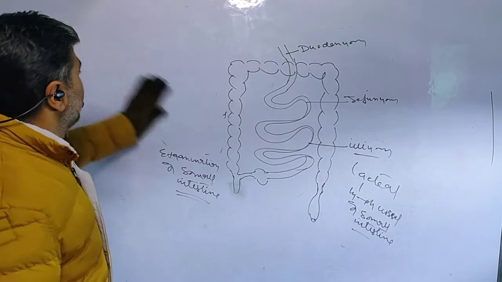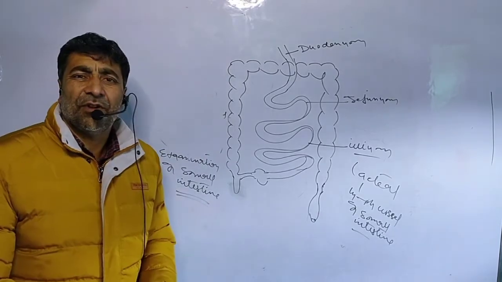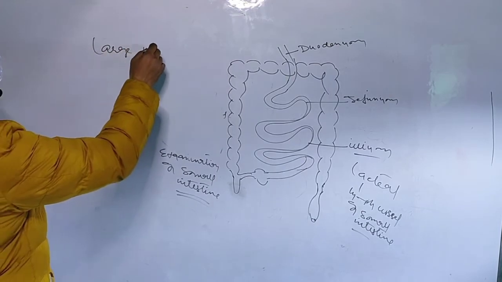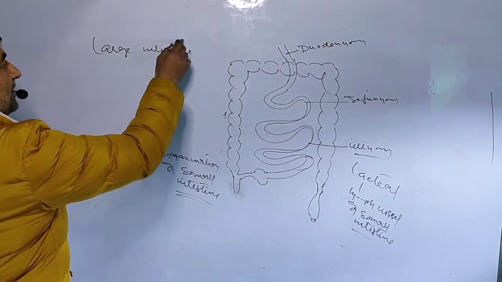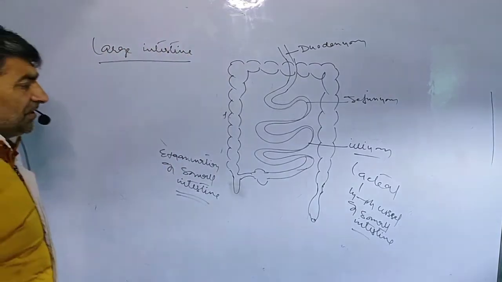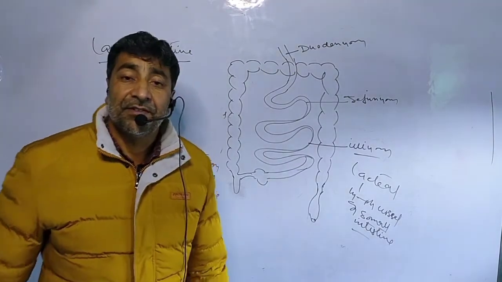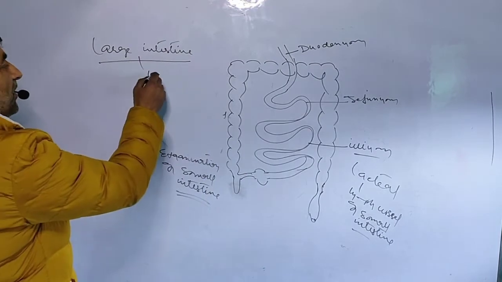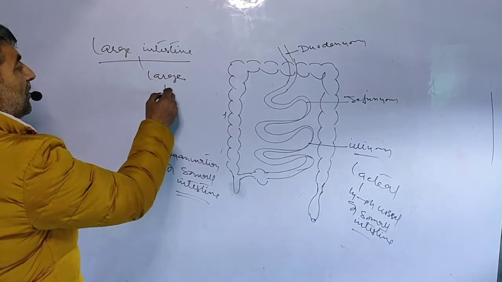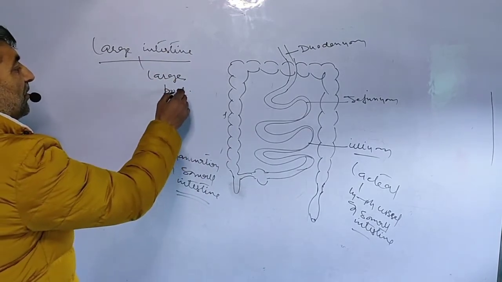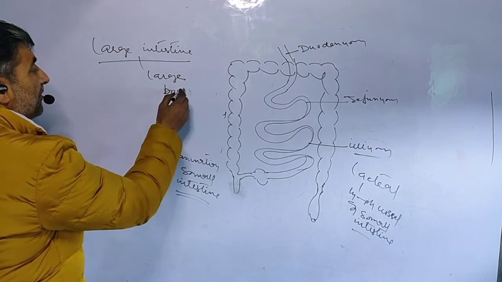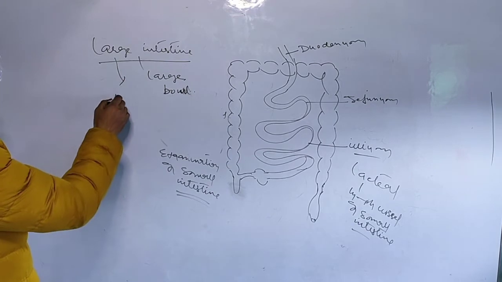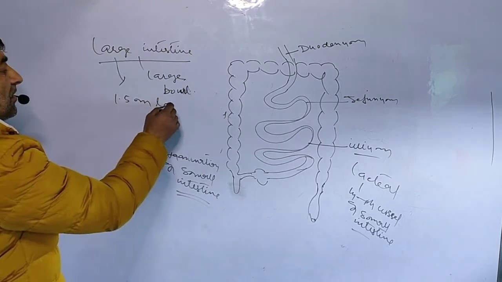Now, so this is all about the small intestine. Now, what is the large intestine? The large intestine is also called the large bowel. It is 1.5 meters long.